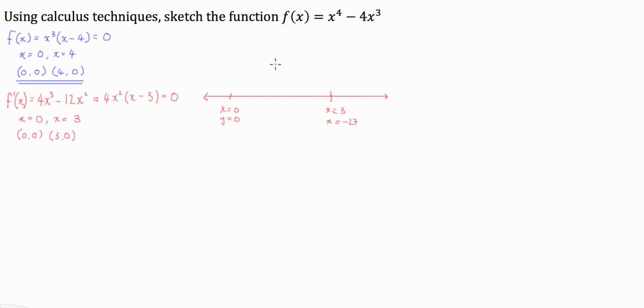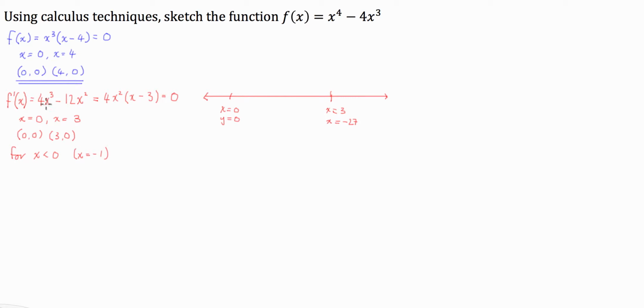So we're going to sub in a point from each of these different situations. From x less than 0, let's sub in x equal to negative 1. So for x being less than 0, I'm going to sub in x equals -1.